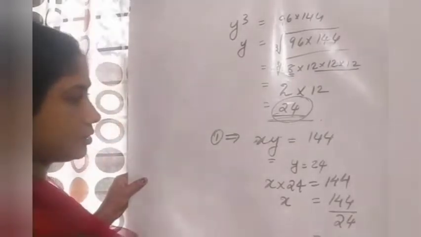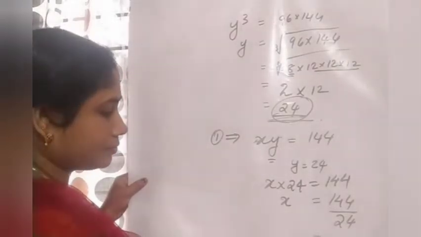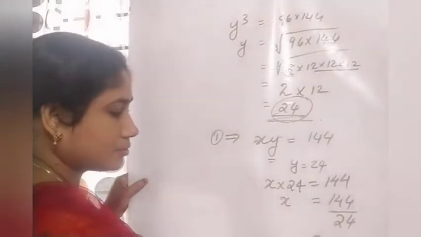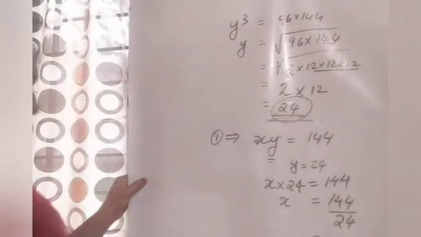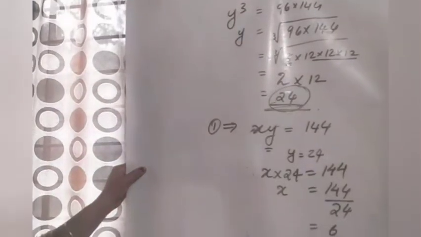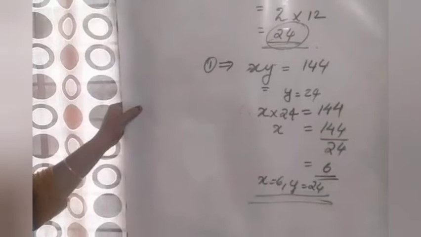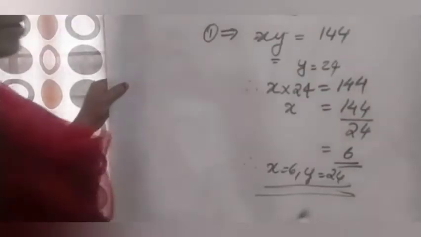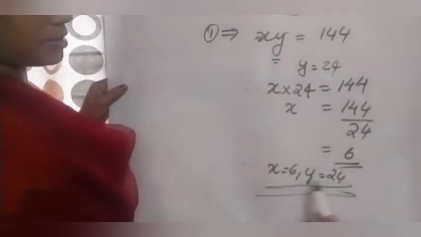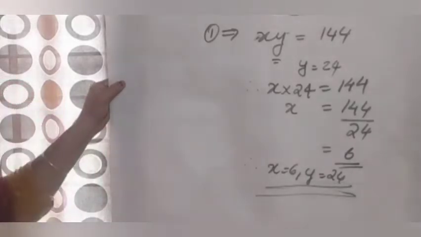Thus we obtained the values of the two numbers as 24 and 6. Okay, write it. x equal to 6, y equal to 24. These are the numbers.